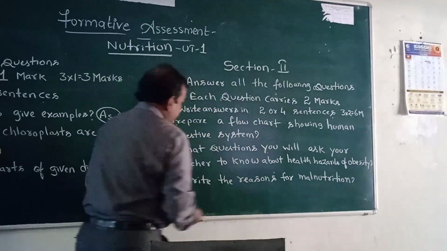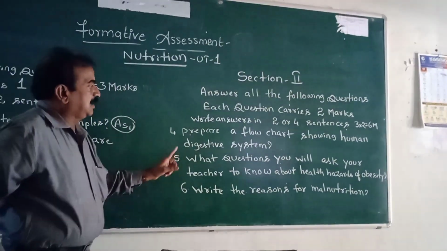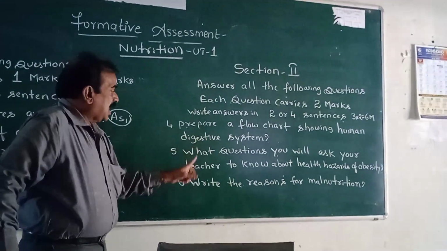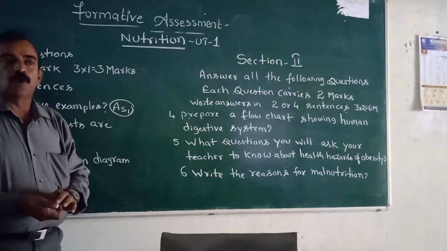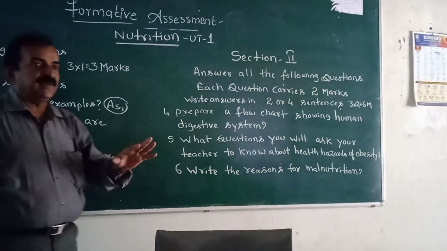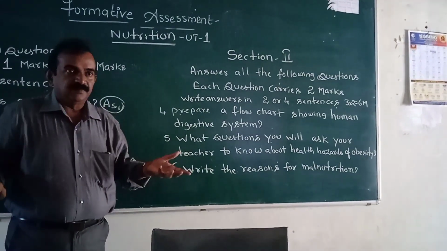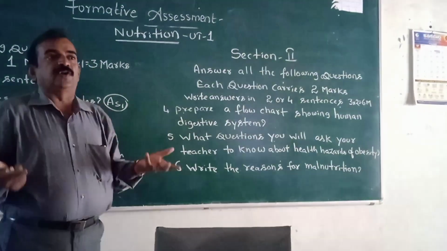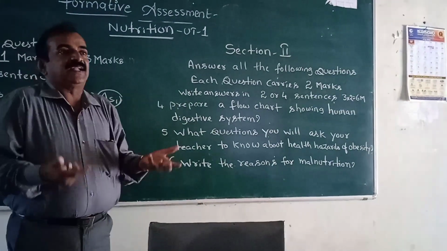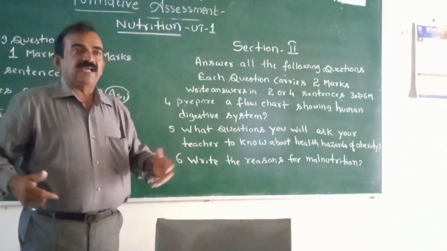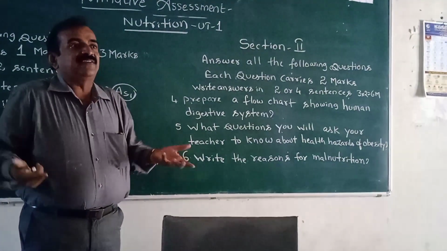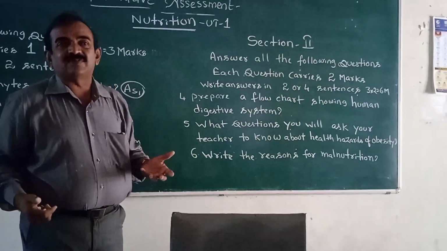Next, what questions will you ask your teacher to know about the health hazards of obesity? Obesity means becoming fat. If you eat more food, more energy food, your body size and body weight increase, and you get different types of diseases.